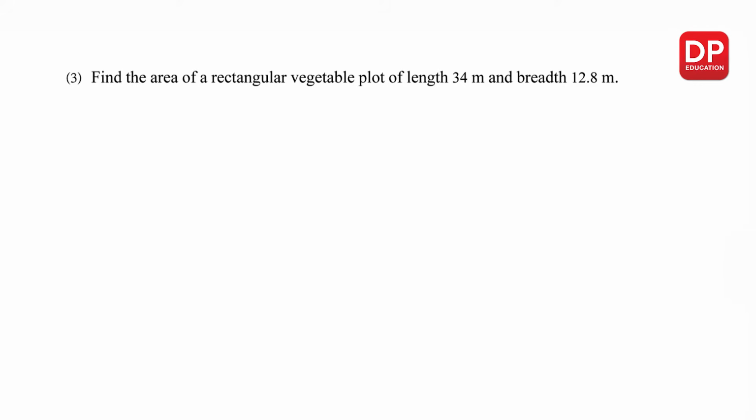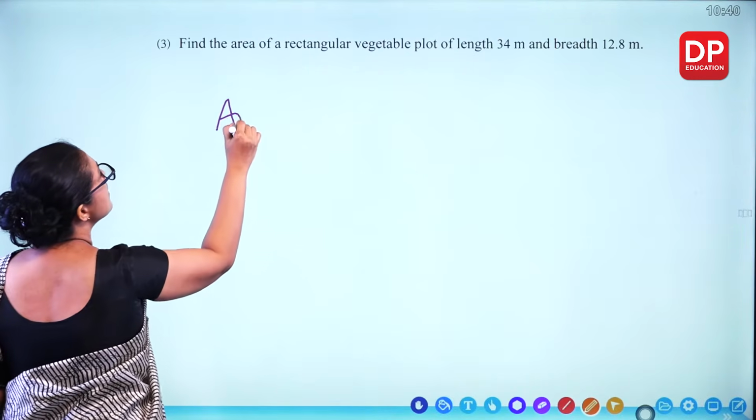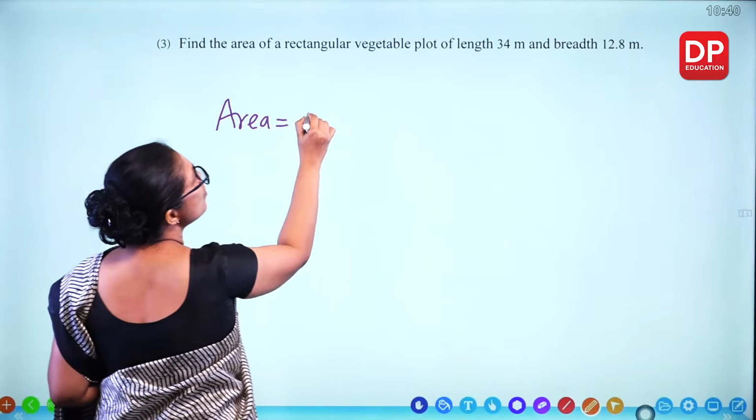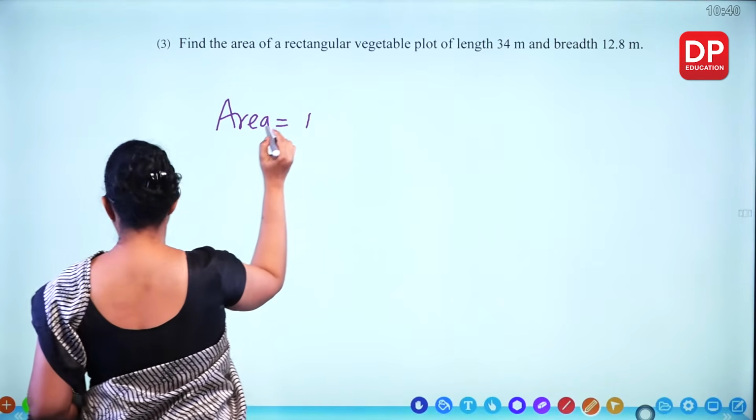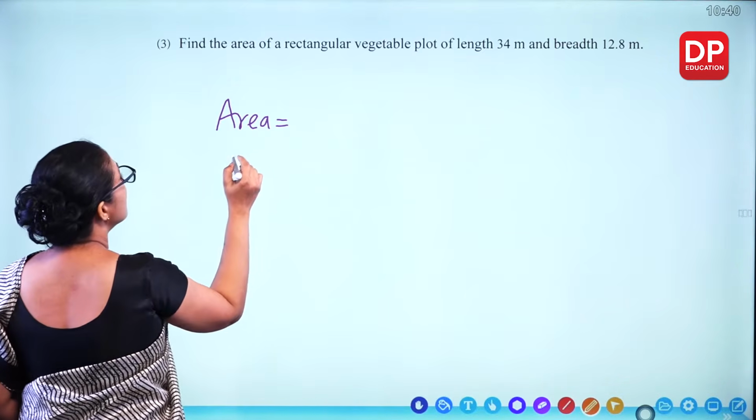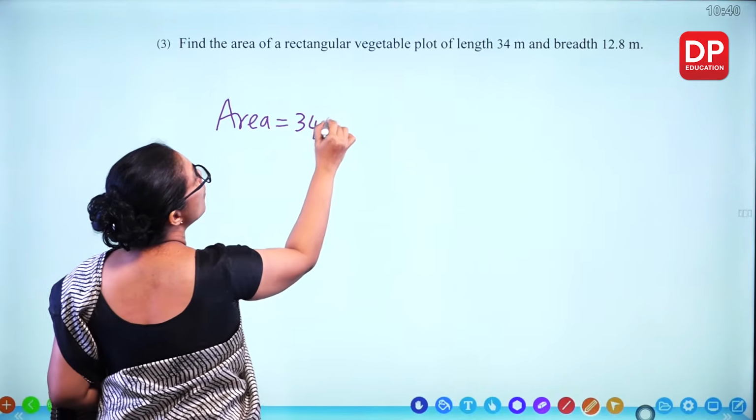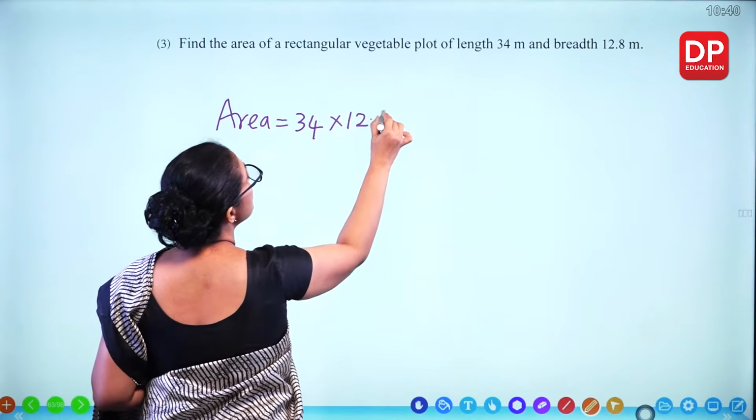Question number 3. Find the area of a rectangular vegetable plot of length 34 and breadth 12.8. So the area is length into breadth. So length is 34 and breadth is 12.8.